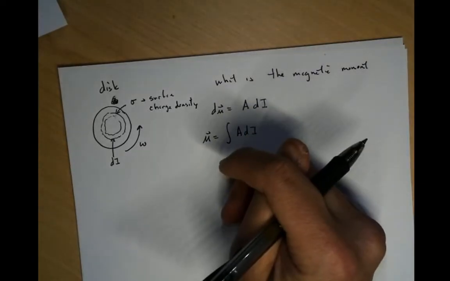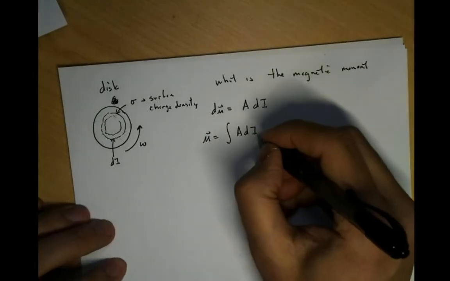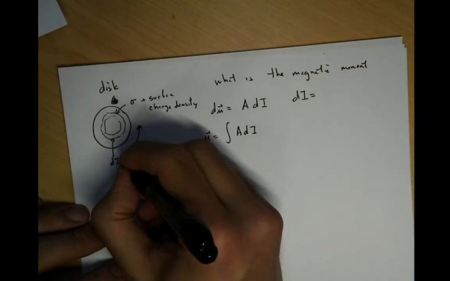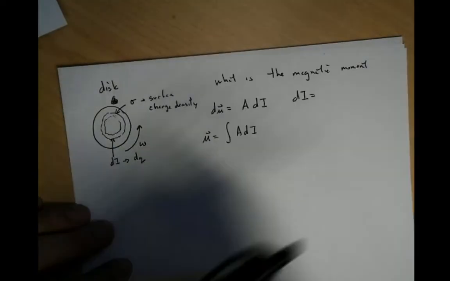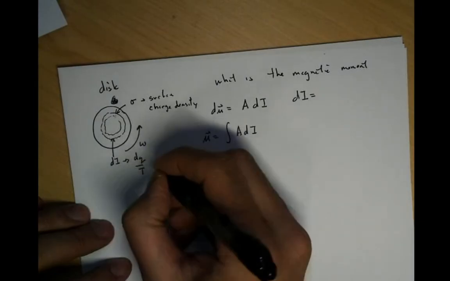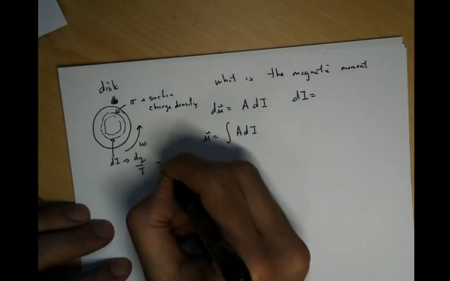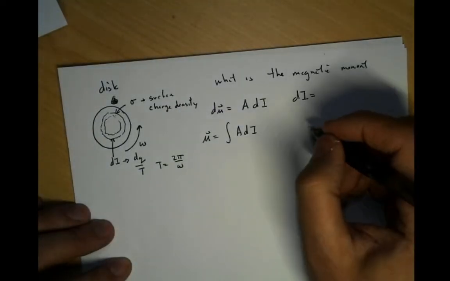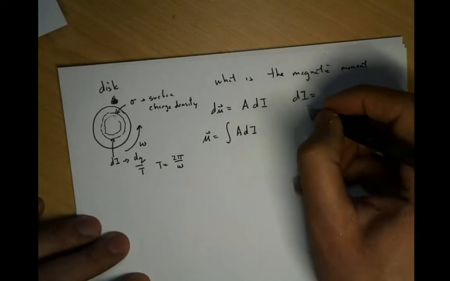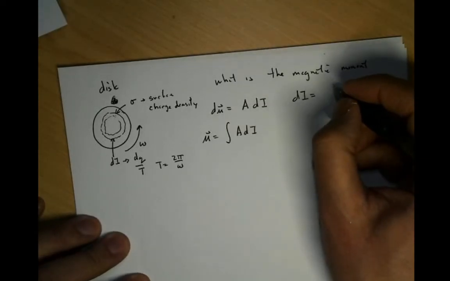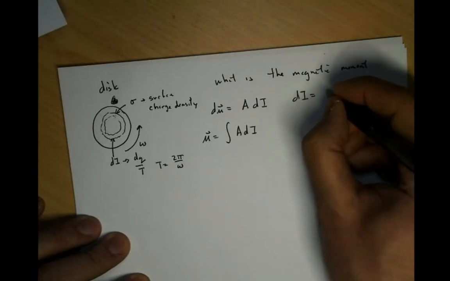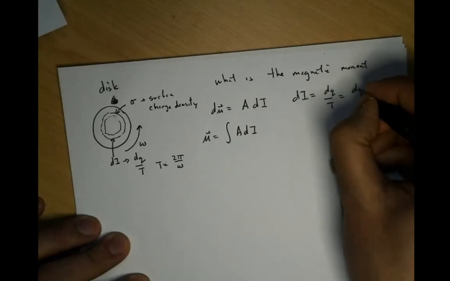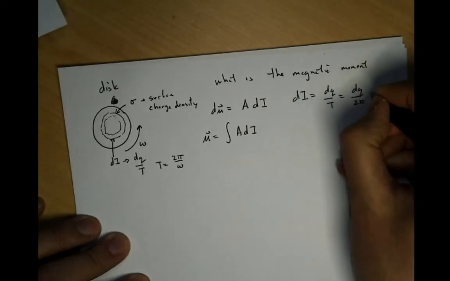All right. Well, what is di now? Di is just the amount of charge in here, which is dq, divided by the time it takes for me to spin around, which is t, some period. And t is equal to 2 pi over omega, since I'm spinning at this particular frequency. So that's just going to be dq over t, which is dq over 2 pi times omega.